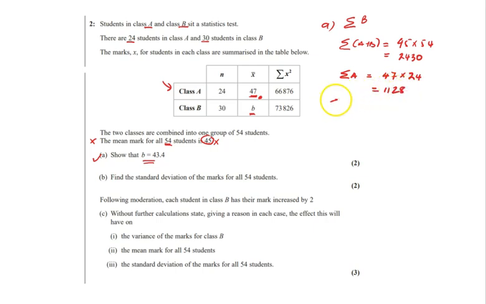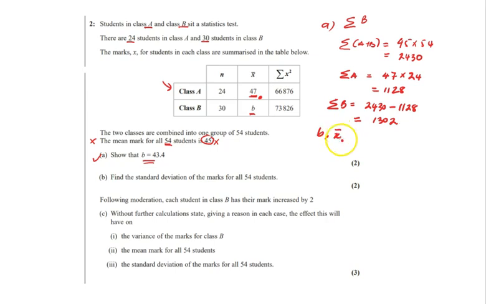That means if you're looking for the total of class B, you take the total of the two classes combined, subtract class A, and then you end up with your total, when you press the calculator, of 1302.